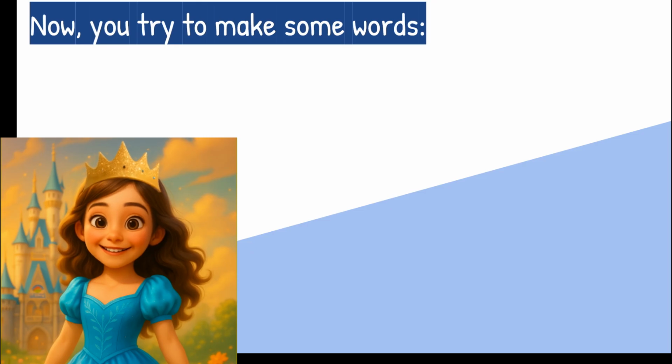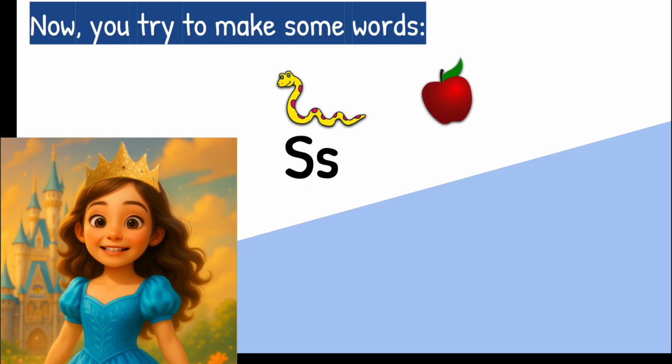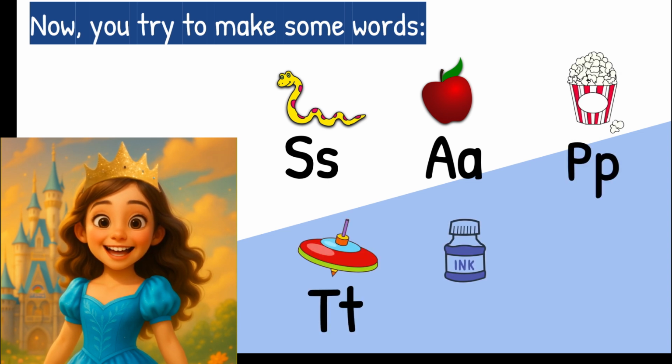You already know how to read and maybe even write about 6 words. Now I want you to try to make up some words with all those sounds that we've seen today. S, a, p, t, i.